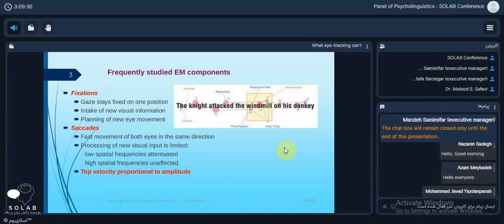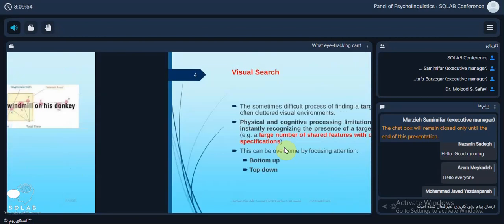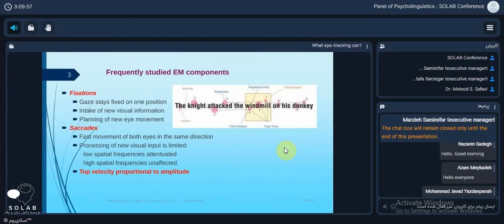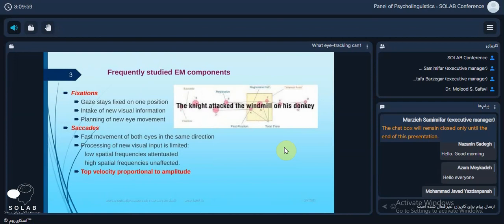If you have high spatial frequencies, you bring some information to the brain, but it's not the same for the lower spatial frequency situation. And peak velocity is proportional to the amplitude of the saccade. In this picture, you see these lines. They show the saccades that link each fixation to the next fixation.